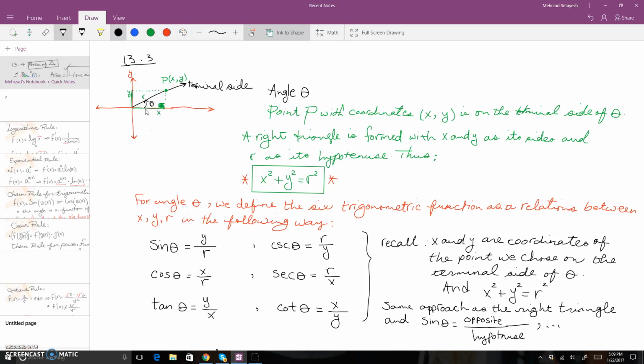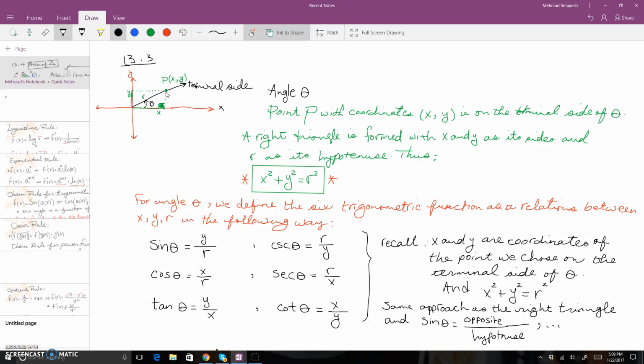So first look at this angle theta in this picture. I already have x and y coordinates and I have angle theta. On the terminal side of the angle, just choose a point. It really doesn't matter which point on this terminal side. As long as you choose a point on the terminal side of this angle, it has x and y coordinates.